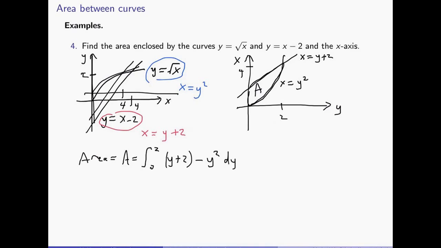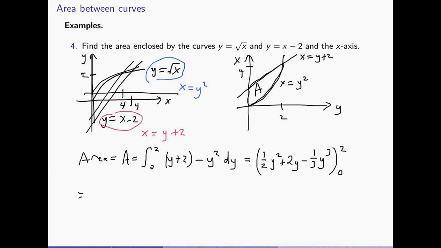Now let me do this one in one fell swoop instead of breaking it up into 3 integrals, just to change it up. So now this is the integral of 1/2 y squared plus 2y minus 1/3 y cubed. And we are going from 0 to 2. So I can ignore the 0. Plugging in any of those terms is going to give me 0.